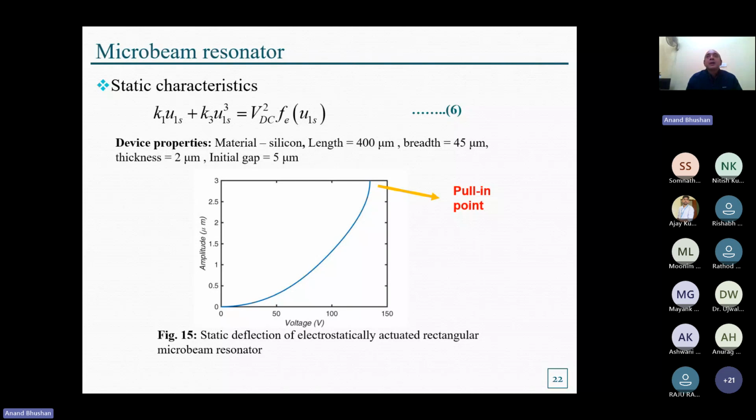This is due to the presence of the geometric nonlinearity, midplane stretching, which is missing in the case of the parallel plate actuator in the previous slides. So this is very important. We can increase the travel range of a microbeam resonator when we have a doubly clamped boundary condition.